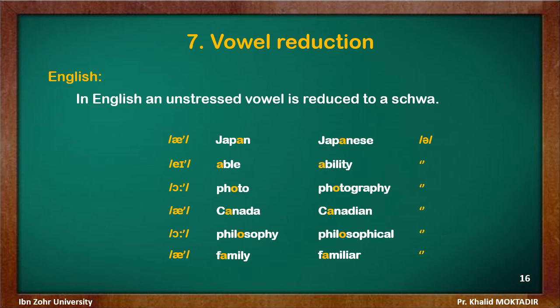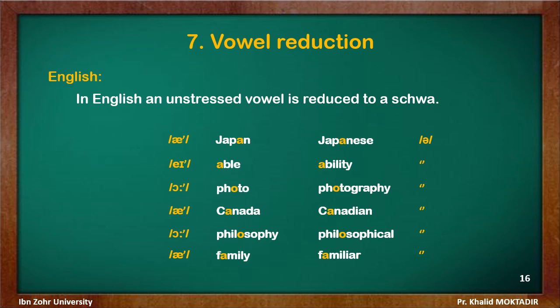When it is unstressed, it's ability. The vowel o in photo becomes the schwa when it is unstressed in photography. The vowel a in Canada becomes the schwa in Canadian.